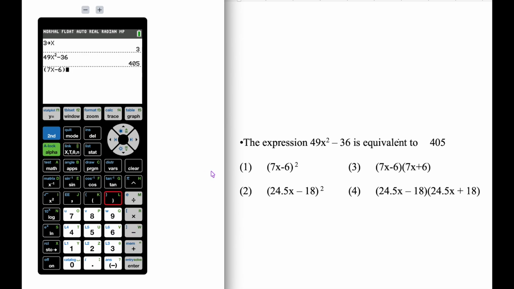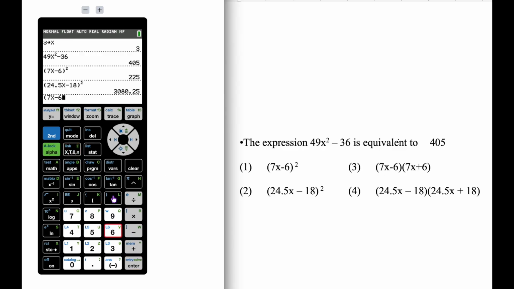Okay. 7x minus 6 squared. Enter. That's not 405. That's not the answer. 24.5x minus 18 squared. That's definitely not 405. Let's go to number 3.